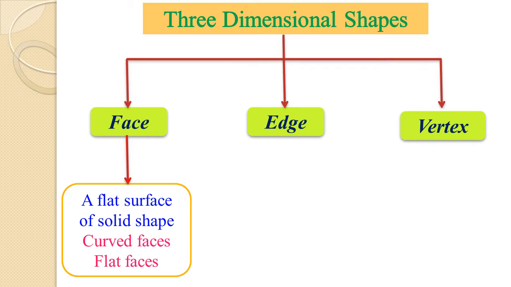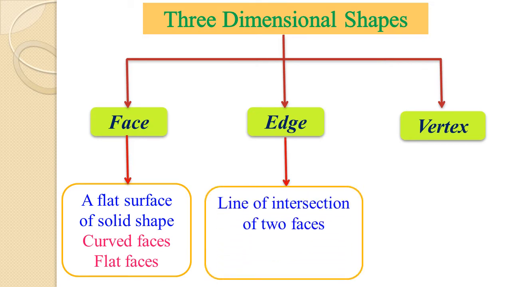Let's see what is an edge. An edge is the line of intersection of two faces. That is, the line segment where two faces meet is called an edge. It is also referred to as a side.